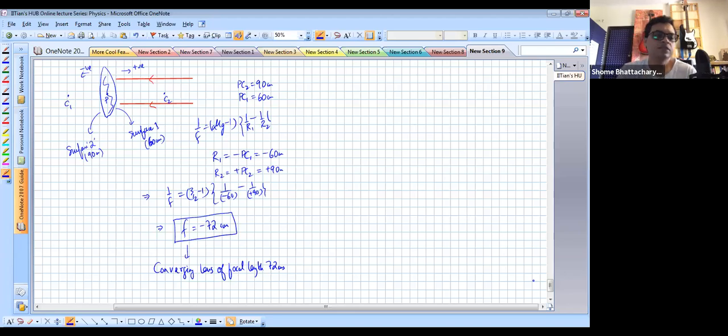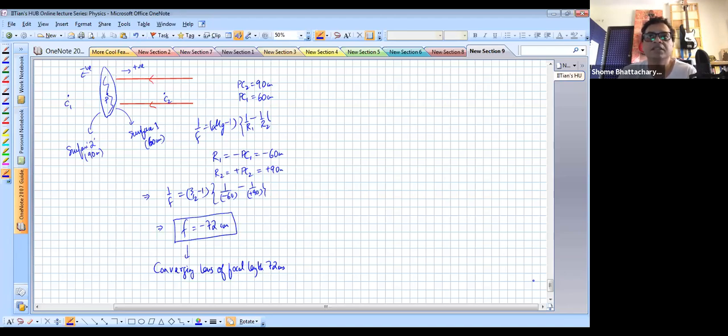Now, later when you're revising today's lecture, what I would like you guys to do is also get this focal length by using the fundamentals. That is two events: refraction from air to glass. For that, u is infinity because the beam incident is parallel to the principal axis, and get the position of the first image I1. Then whatever that first image is, whether it is behind the second surface or in front of the second surface, it will act like either a virtual object or a real object for the second surface.